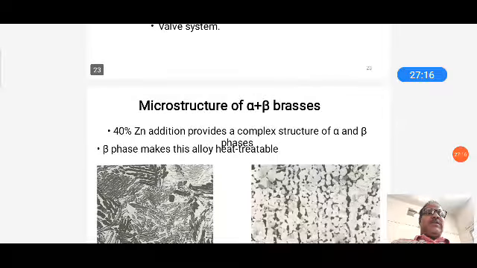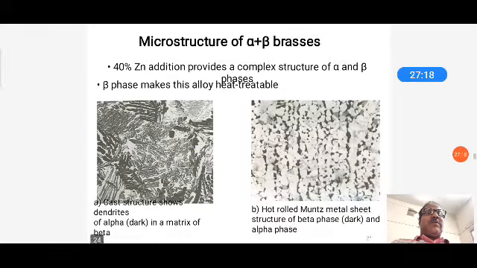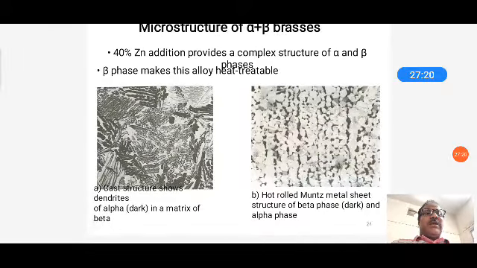These alpha plus beta brasses, that is the microstructure of alpha plus beta brasses. See the hard-rolled muntz metal sheet structure of beta phase and alpha phase. The dark region is beta, the light region is alpha. The cast structure shows the dendrites of alpha in a matrix of beta.